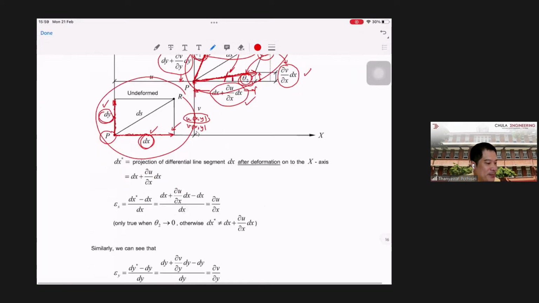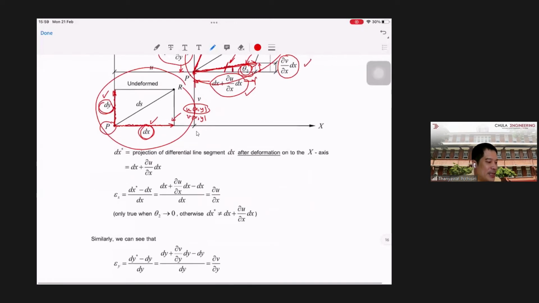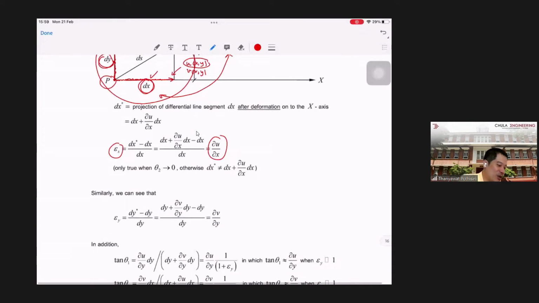All right. So now once we have all this geometry, then you can try to relate between this quantity and this quantity right here. So you can see that the difference between this and this basically gives you epsilon x, right? And also epsilon y, basically.